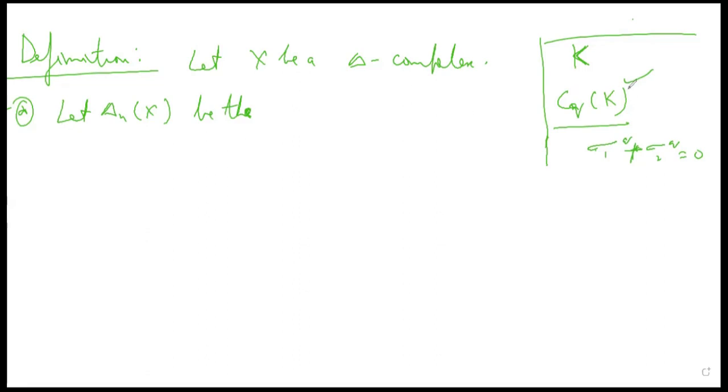So in the generator set, basically what does it mean? Here also, there is not much difference. Here basically the generator set is the set of q simplices.